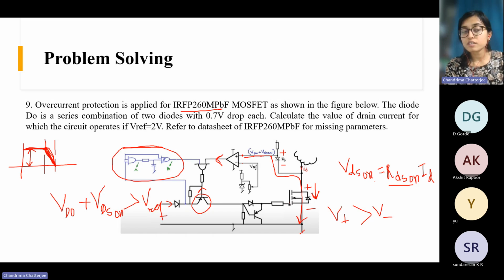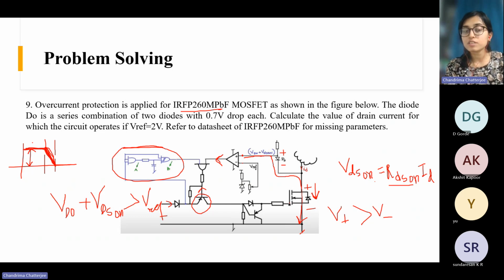So when you are going from off to on transition, you can disable the circuit for some small time, and once it has already turned on, then you can enable this protection, because this desat protection is required when the MOSFET is on, when it is carrying some current, because this is basically overcurrent protection.